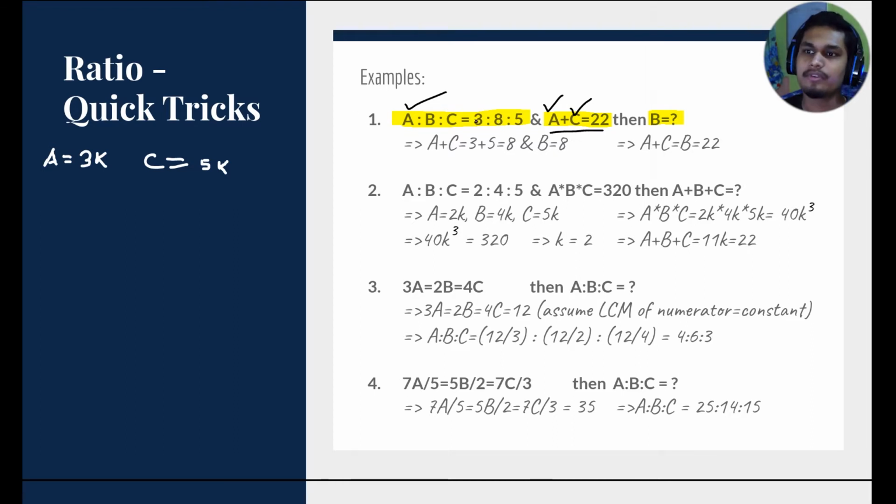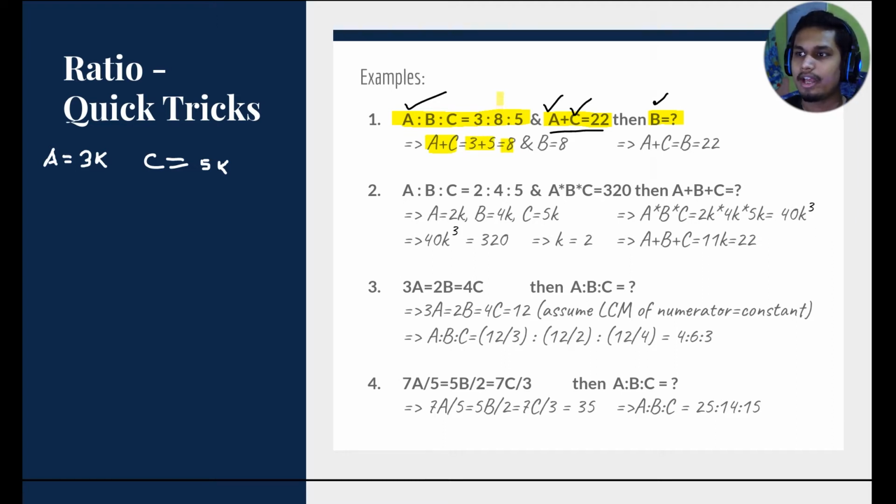And later we have to solve this and get the value of K and put that value again to get the value of B. But if you observe the question properly, you will get the number of units we are seeing in the ratio of A and C. If we add them, we will get 3 plus 5 equals 8.